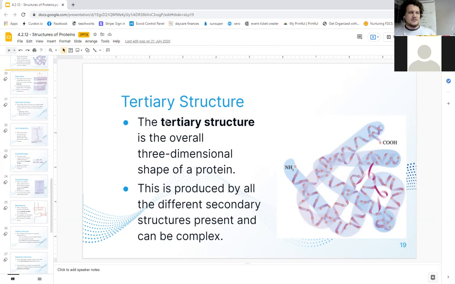Now, the difference in the overall 3D shape comes from the binding between the R groups in those secondary structures. And this is why we just cannot go from the primary structure to the full tertiary structure. There are so many possible combinations that it's impossible with our current technology.